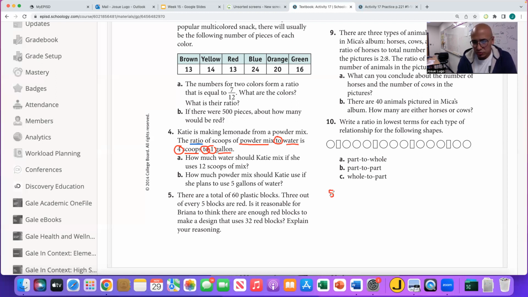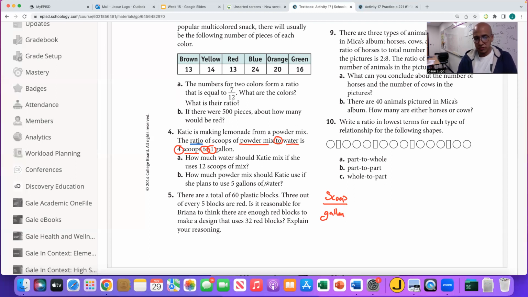We're comparing scoops. It looks like a 5, but that just says scoops. In fact, I'm going to rewrite that. I don't want to be confused. We have scoops. There you go. To water. Actually, I'm going to write gallon. Scoops to gallons.